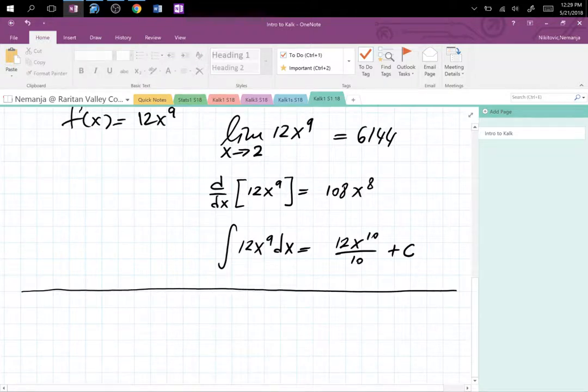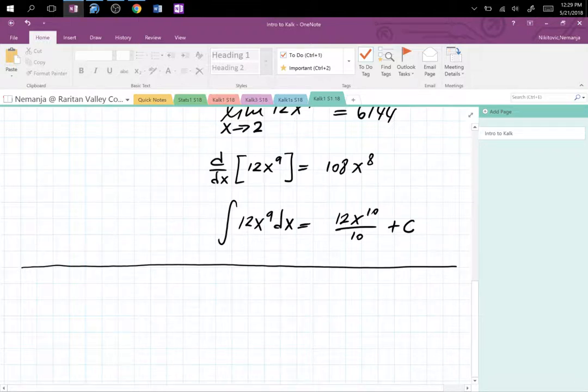So systems change, and we want to understand those systems.